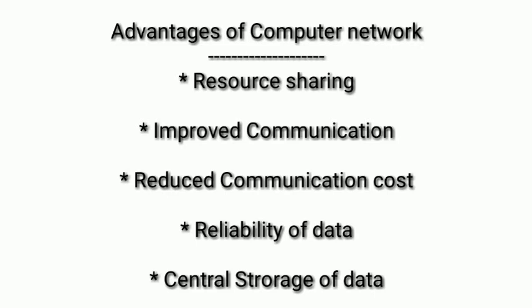If, due to some reason like a hardware crash or any other problem, the data gets corrupted and becomes unavailable on one computer, a copy of the same data can be accessed from another workstation for future use. Did you understand what I said? If any problem occurs in a single computer, it will not affect other computers, so we can easily access that data from other computers, because all the computers are interconnected with each other.